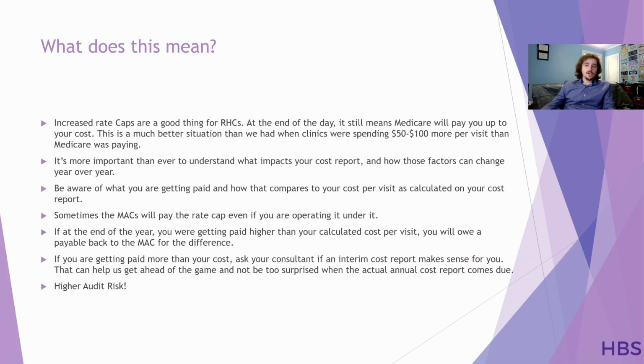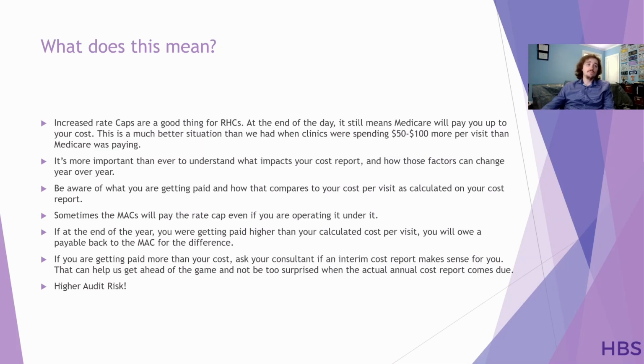One last thing that I want to talk about here is that as these rate caps keep getting higher and as we have smaller and smaller items making bigger and bigger impacts on reimbursement rates, RHC cost reports are going to have a higher audit risk. Historically, Medicare wasn't paying out as much money to RHCs based on their rates, so there wasn't much reason for CMS or the MACs to actually look or verify the rate calculation information on the cost report.